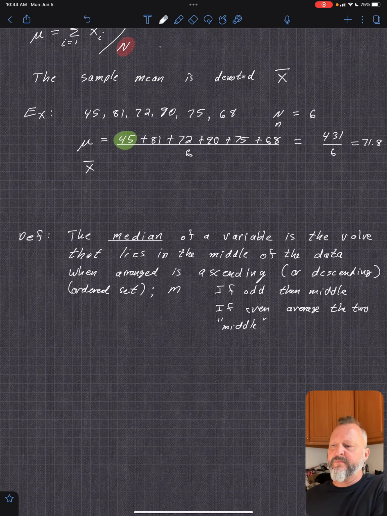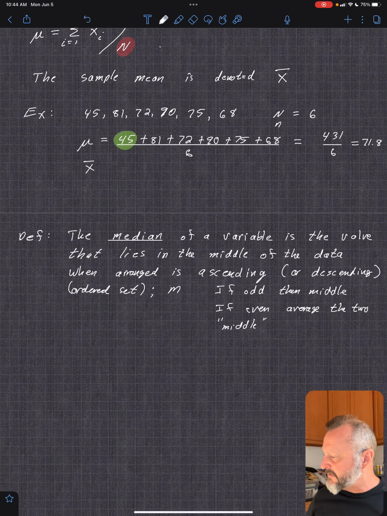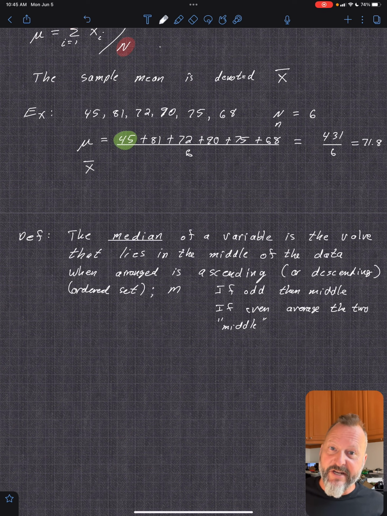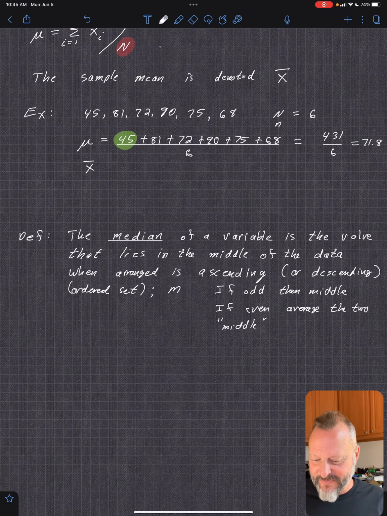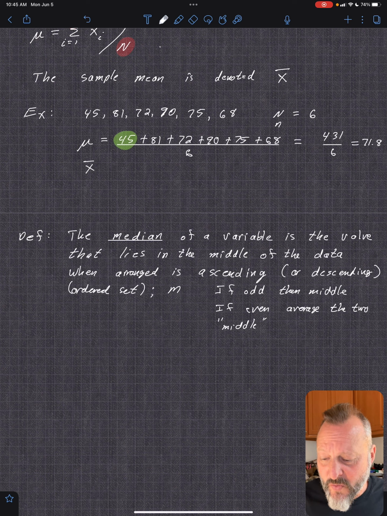So give me a second here. Let's see if I could find one that I wanted to do. I wanted to give you a different looking one. I'm not sure where all that work went. Oh, and I don't do a whole lot of editing on these things. I just have to crank these things out. There's really no getting around it. There's a lot of work that has to be done.